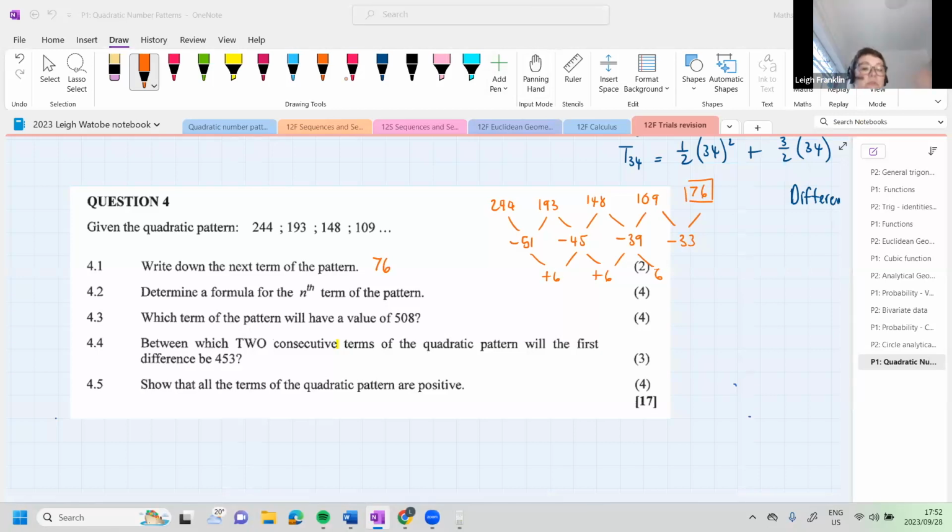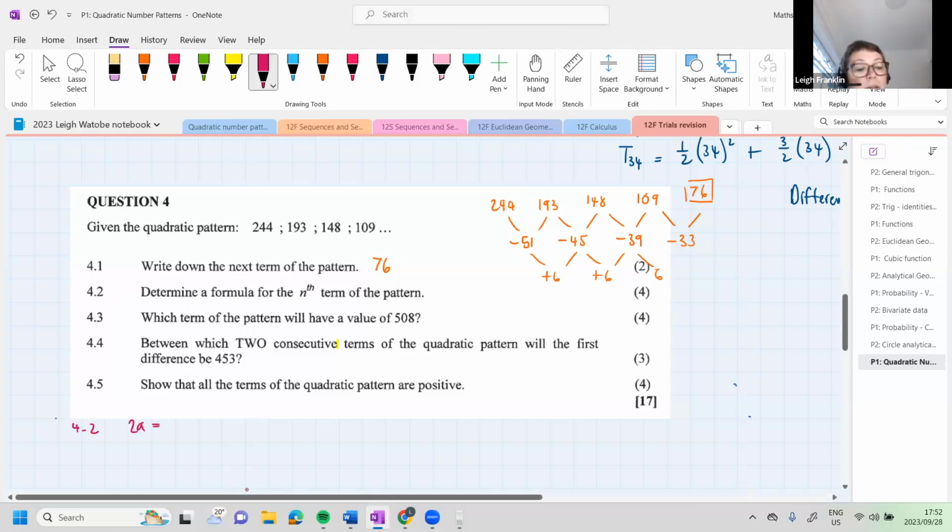And then again, similar question. Determine the nth term of the pattern. All right, so we know now we're going to use our rules. What am I going to make 2a equal to? I'm going to make 2a equal to 6. Beautiful. Thanks, Akila.